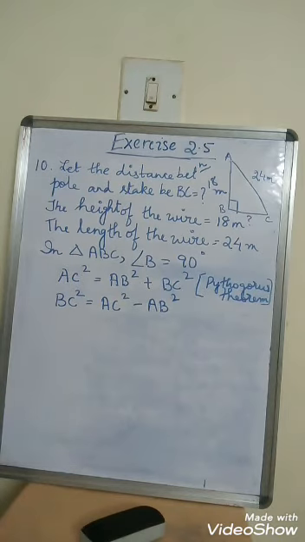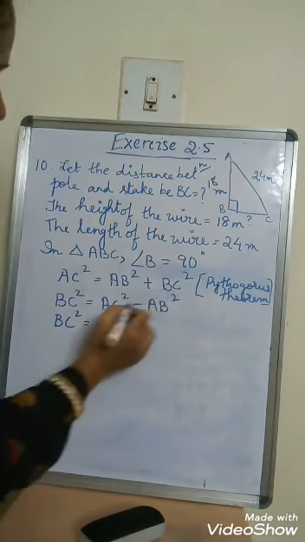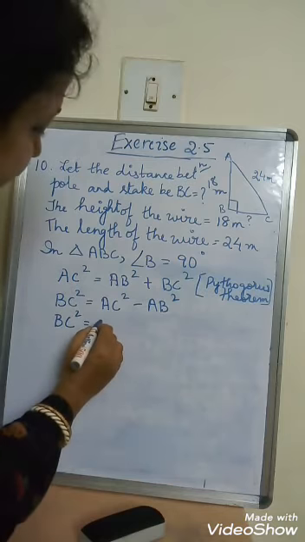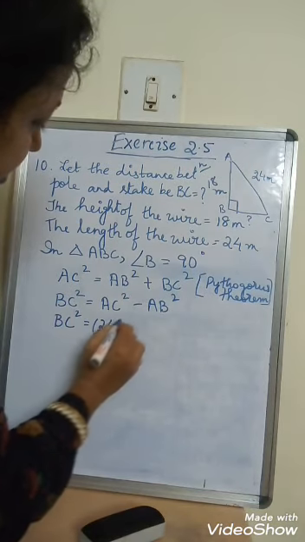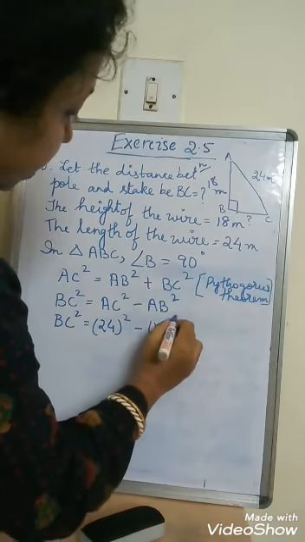Now we have the values for AC square and AB square. The value for AC is 24 square, and the value for AB is 18 square.